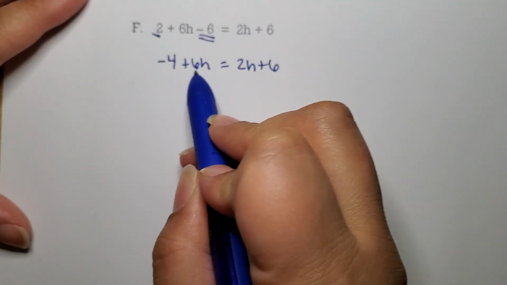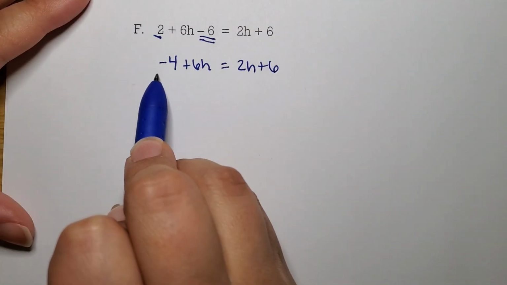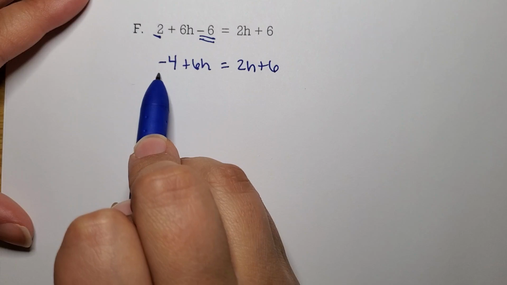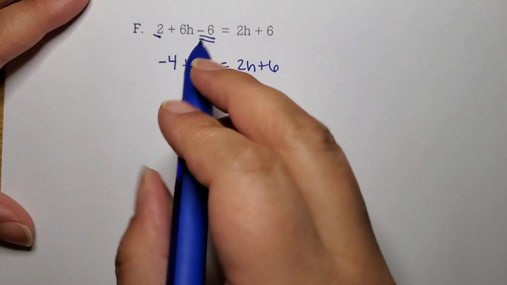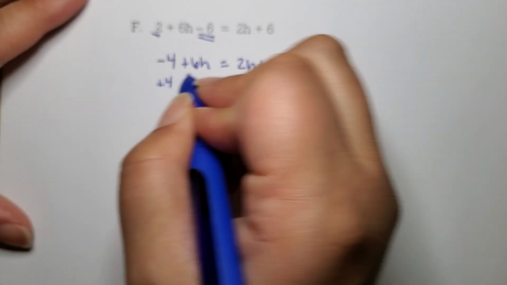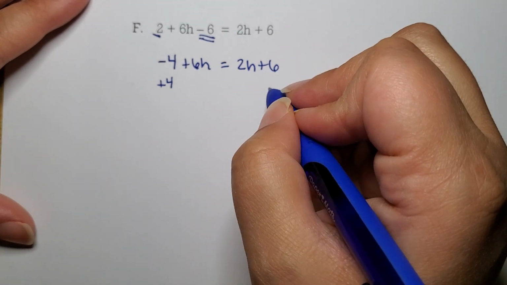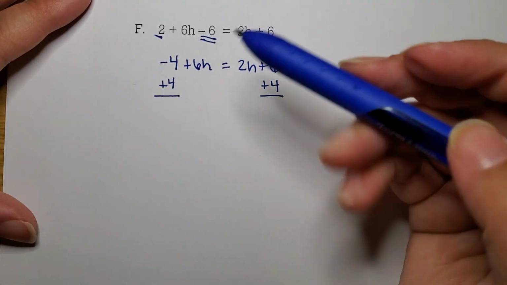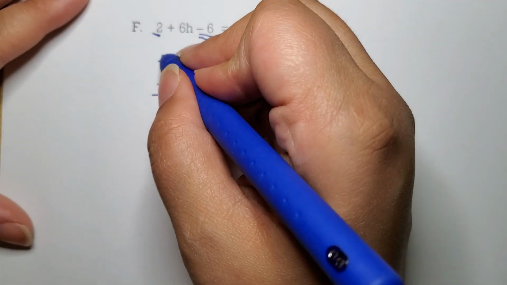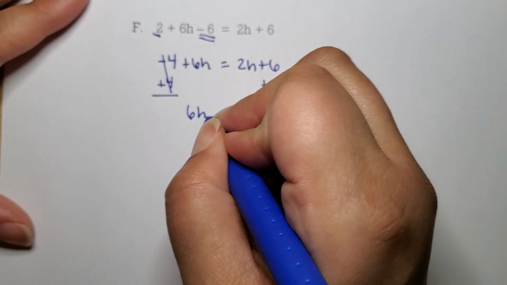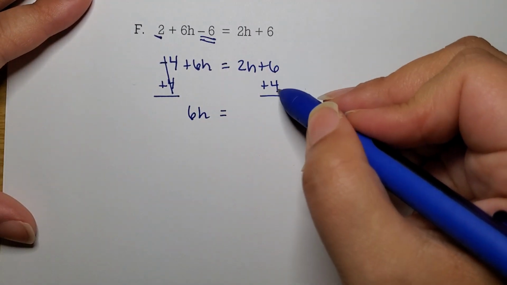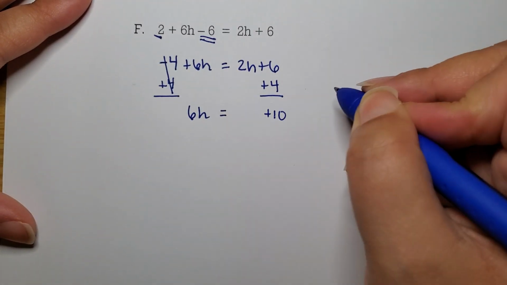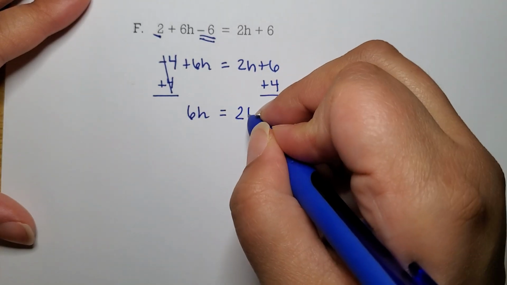Even though I'm adding this to the 6, I have to pay attention to the sign in front. So since it's a minus 4, I'm going to plus 4 to move it to the other side, and I'm going to line it up with its like term. Negative 4 plus 4 cancels out. 6 plus 4 becomes 10, and now I've got this 2h.